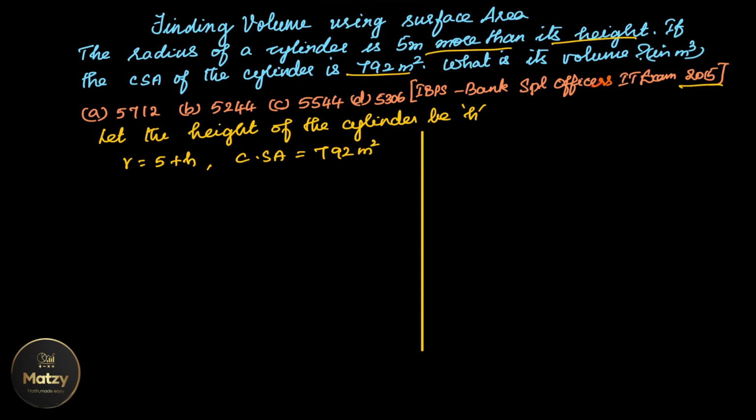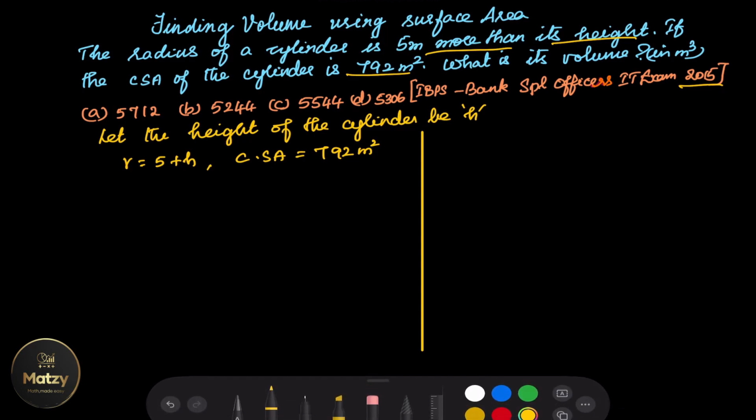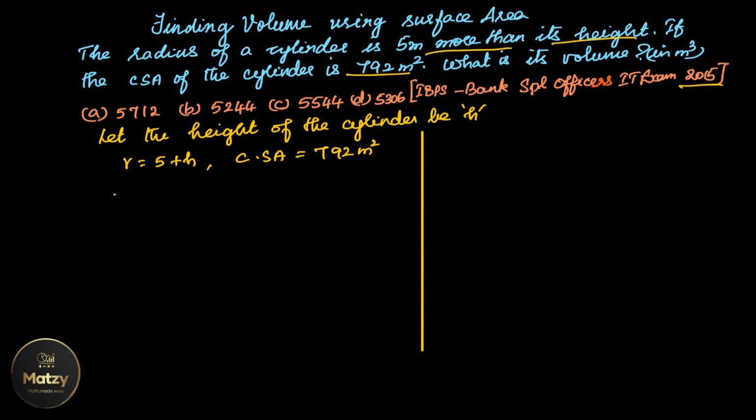We know the CSA of the cylinder is 2 pi r h square units.